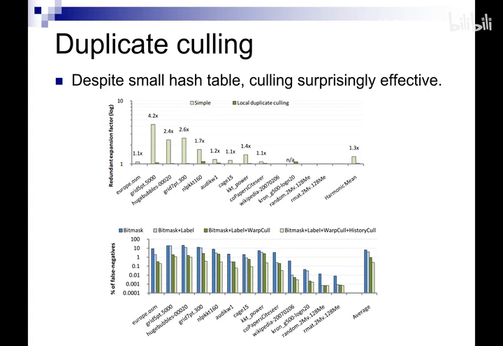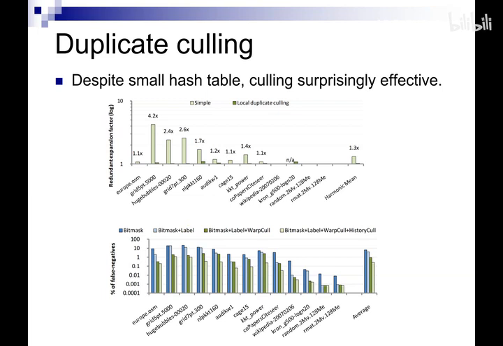And this graph over here, I guess, is showing that you can actually combine all of these different methods. So you can also use a bit mask, the bit mask and label method. That was for the visited status, but you can also use this method to check whether you've added duplicates into your queue.